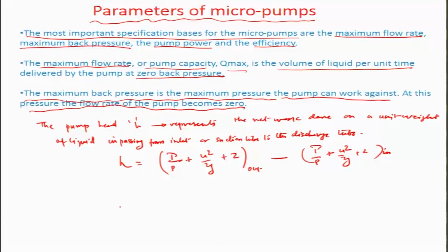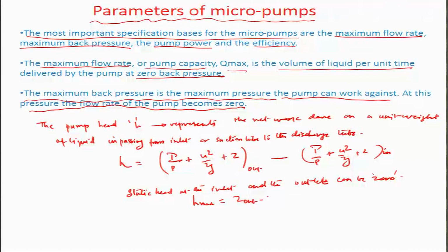So, if we assume that the gauge pressure is 0 and pump operates from atmospheric condition and delivers again into the atmospheric condition, so the static head at the inlet and outlet can be 0. And H max then becomes equal to Z output minus Z input.